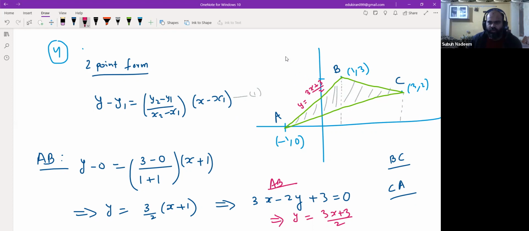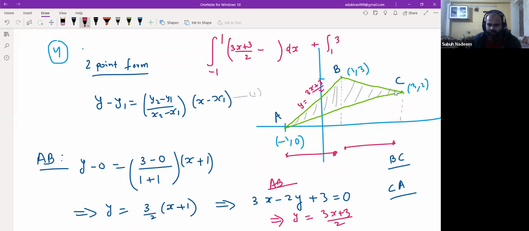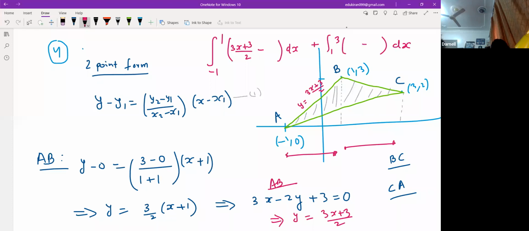When you integrate from -1 to 1, in this region the upper curve is 3x plus 3 by 2 minus the AC equation. Whatever AC equation you get, you subtract that y. Then you add 1 to 3, that is this interval, and the upper curve is the BC equation. So BC y minus AC y again, and this is how you will get it. Can you try this now? Yeah. Okay.